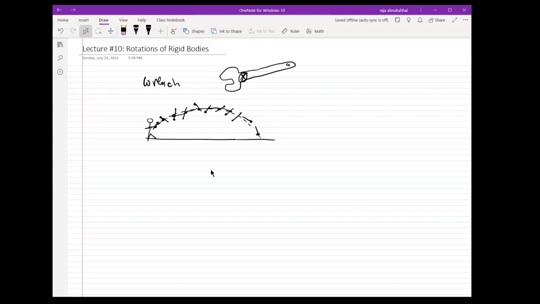You understand that? So the center of mass of this wrench will be exactly on the parabolic path, the trajectory, as the wrench's body is spinning about it in whatever direction.